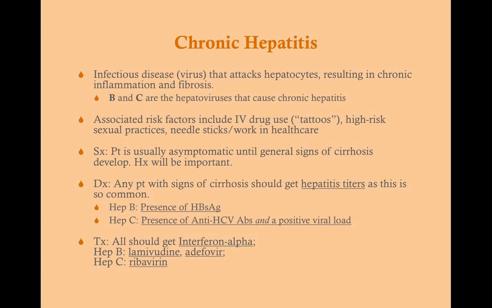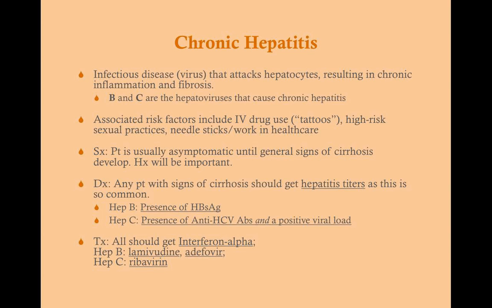As far as how we determine the diagnosis, we're going to get Hep B and Hep C titers on all patients. Hep B is diagnosed by the presence of Hep B surface antigen, and that should never be present in a patient who's simply gotten vaccinated. Remember, surface antigen is something that's on the actual virus. Patients who have been vaccinated will have the antibody, but they won't have the actual antigen itself.